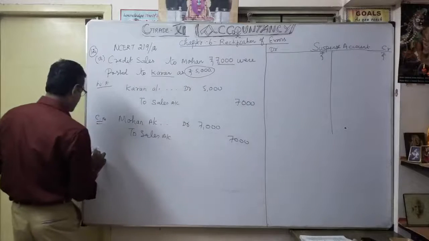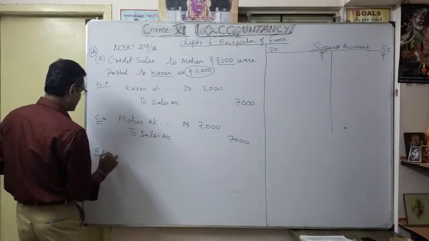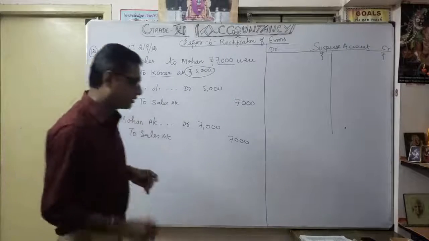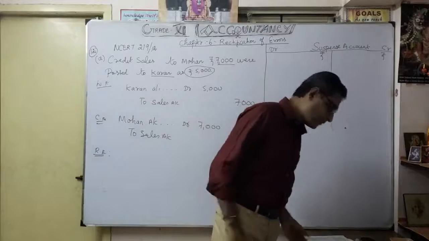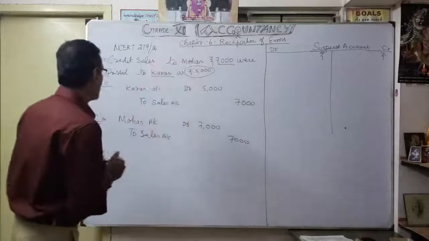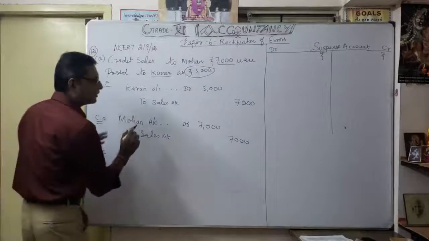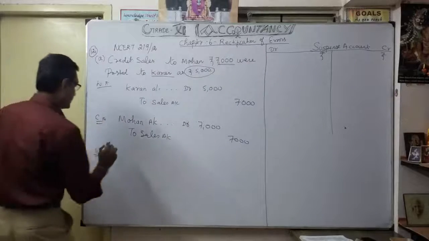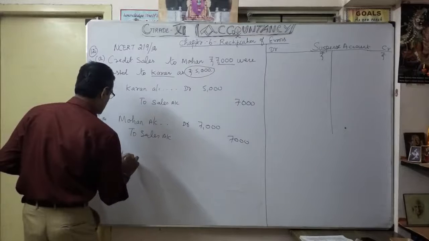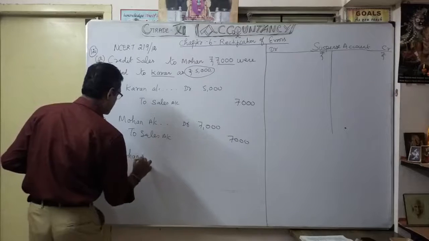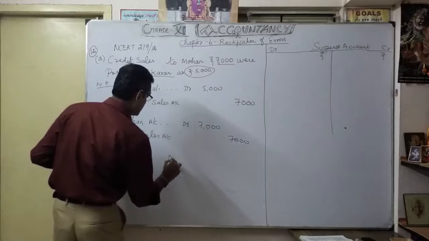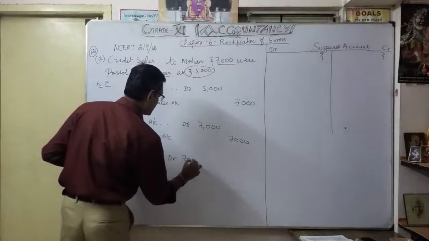Now what is the rectification entry? That's very, very important. We did it wrongly. Morgan account is supposed to be debited, so Morgan account debit 7,000.